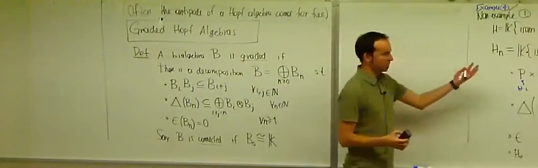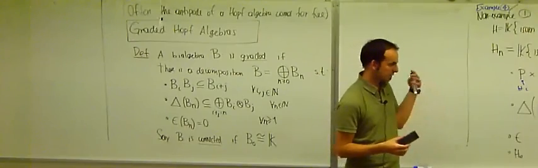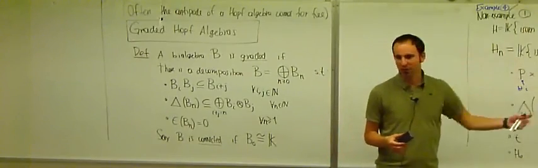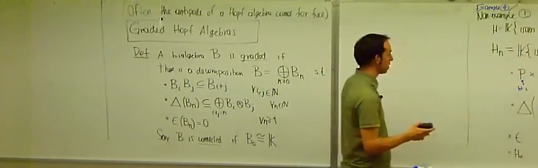But I hope that these examples give you the idea that, as in the second half of the class, we're going to be doing a lot more examples of concrete combinatorial things, and the grading comes from the combinatorics, as you can see in these examples.